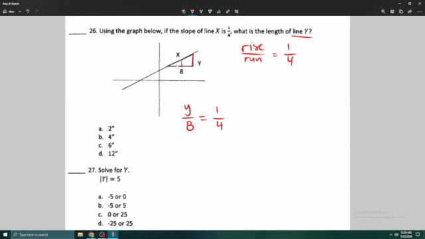So I know that for every 4 units I go to the right, I go 1 up, right? That's what the 1 over 4 means. So for every 4 units I move to the right, I have to go 1 unit up. Right? So what if I went 8 units to the right? Well, that means I would have to go 2 up. You could reason it out like that.